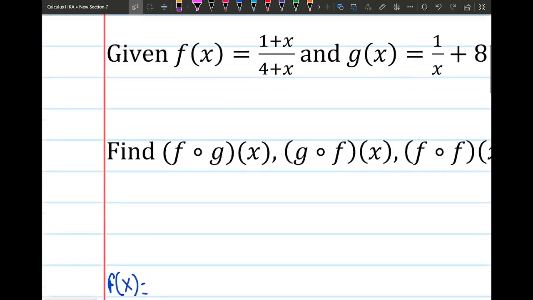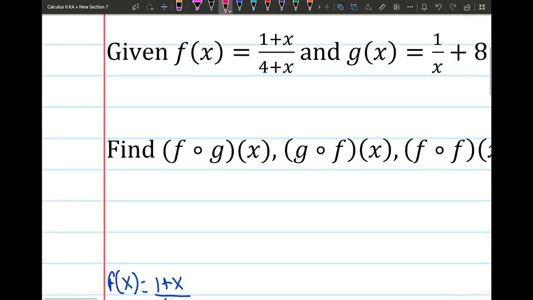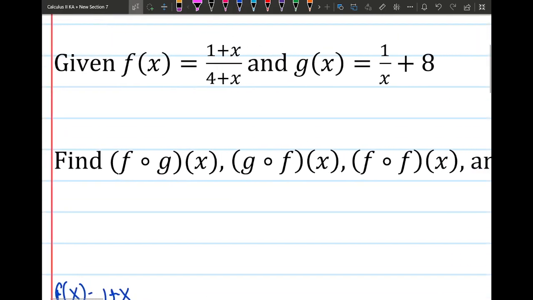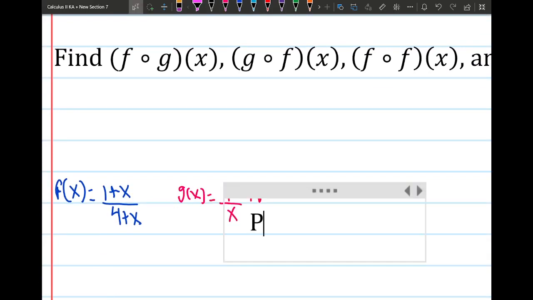So f of x is 1 plus x over 4 plus x, and g of x is going to be 1 over x plus 8. Give me a second, guys.